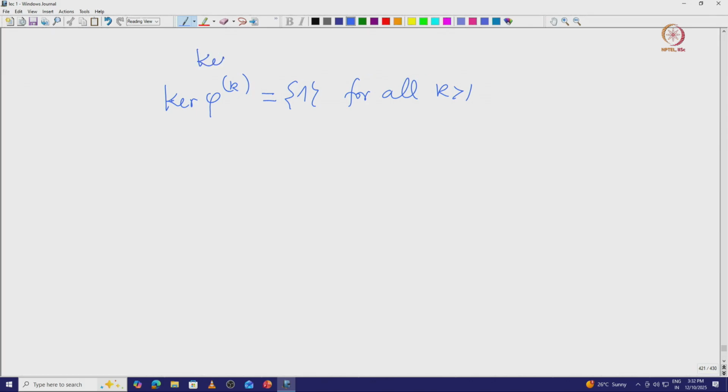The kernel of phi 1 is exactly G, since phi 1 is the trivial homomorphism. But for all other k greater than 1, the kernel is a normal subgroup and we assumed G is simple, so this kernel must be trivial. That means phi k is an injective map.